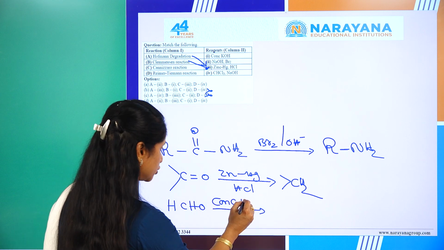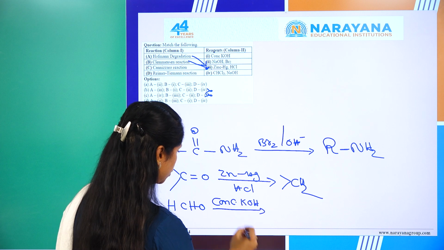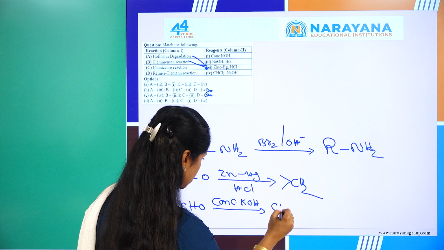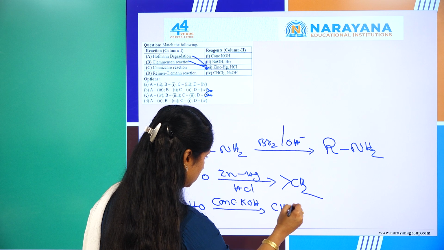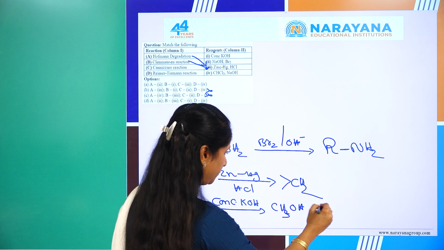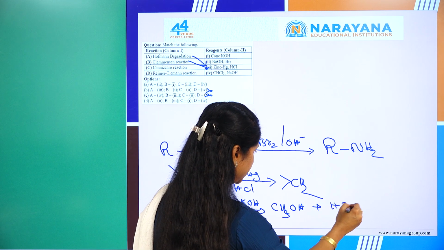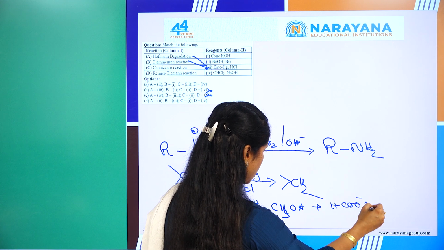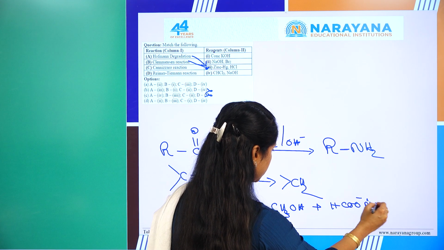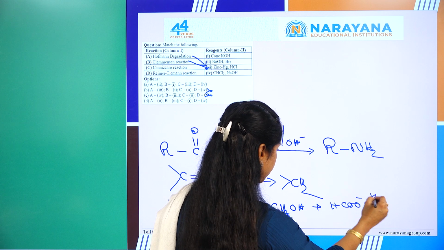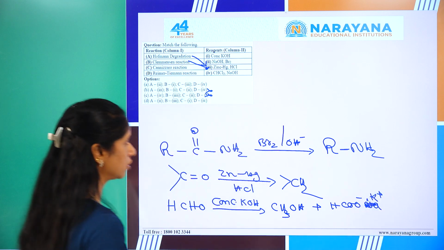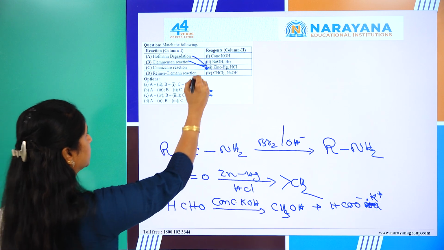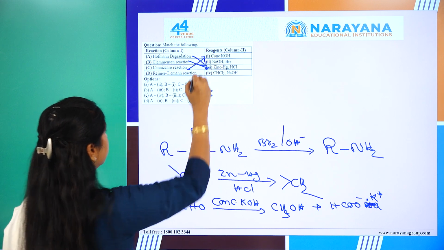Observe here, concentrated KOH. The reduced product is alcohol and the oxidized product is carboxylic acid. Because of the medium, you can observe it as a potassium salt of formate. So for the Cannizzaro reaction I can go with concentrated KOH.